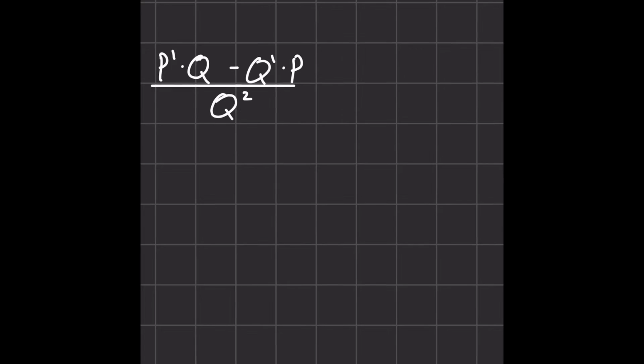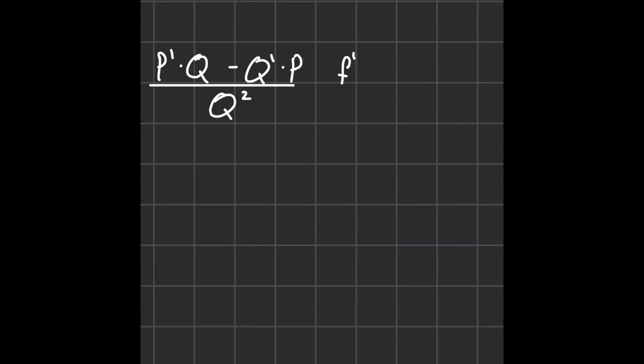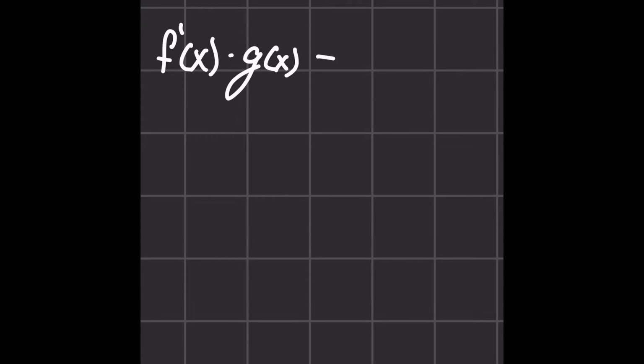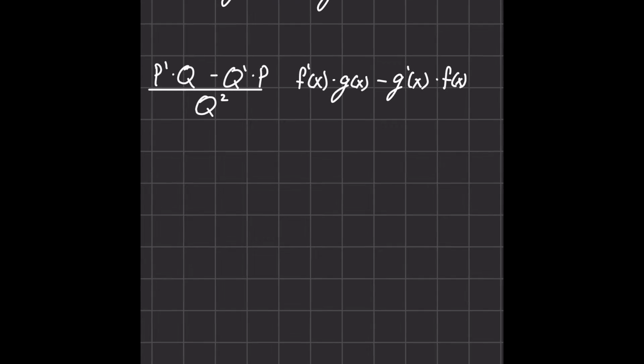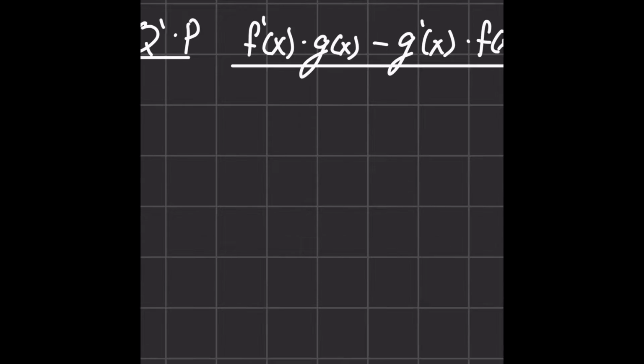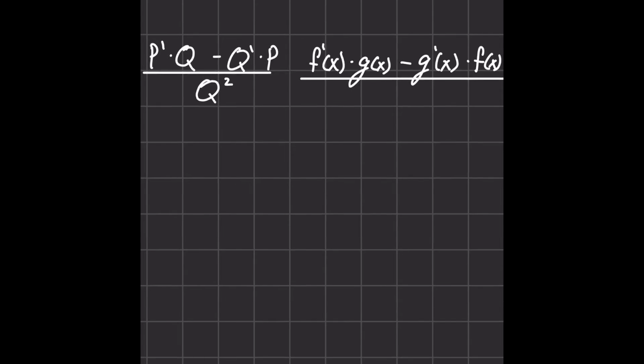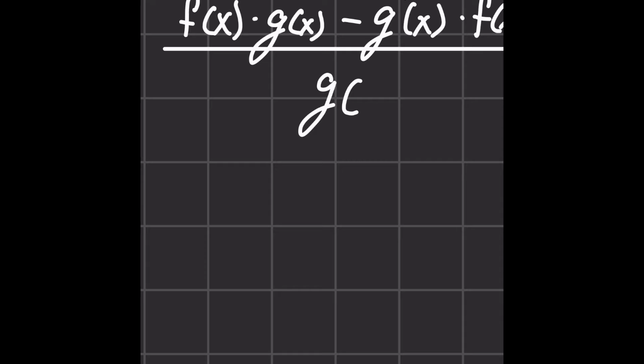Another way to think about it is f prime of x times g of x minus g prime of x times f of x over g of x squared.